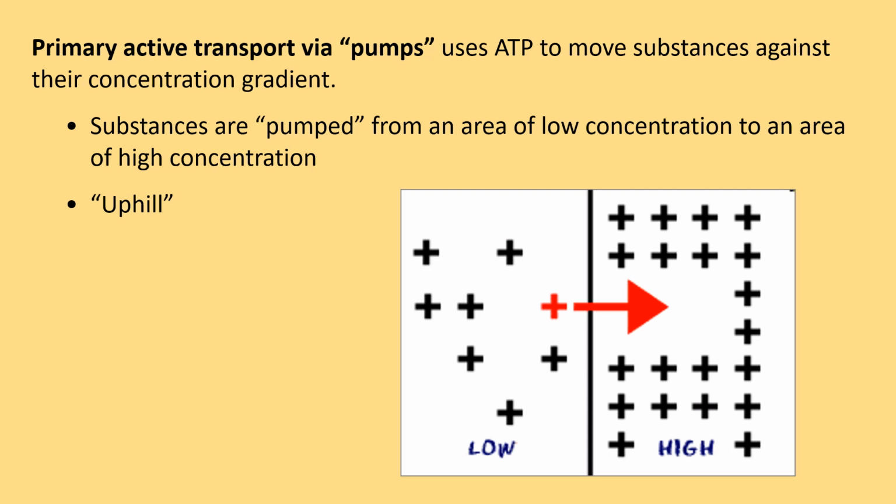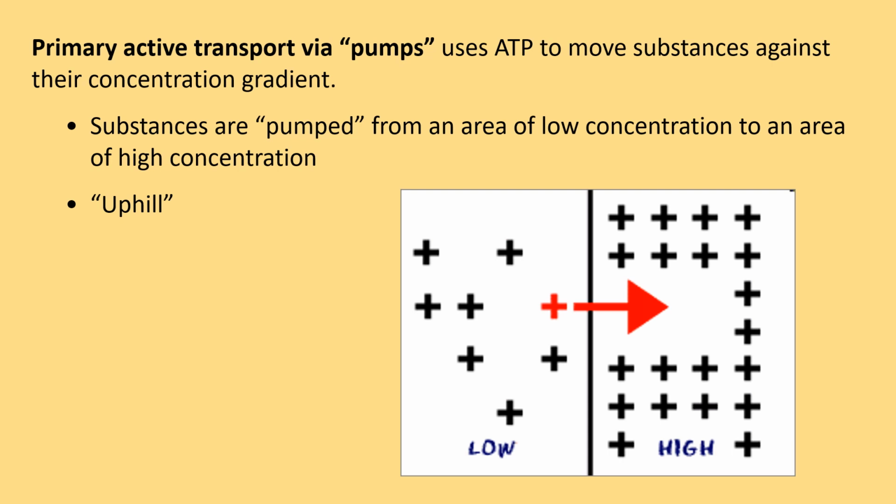So in the image shown on this slide, where that vertical black line represents the plasma membrane, the red arrow represents the transmembrane protein that we call a pump. That pump will take the substance, represented by plus signs, and move it from an area of low concentration to an area of high concentration.